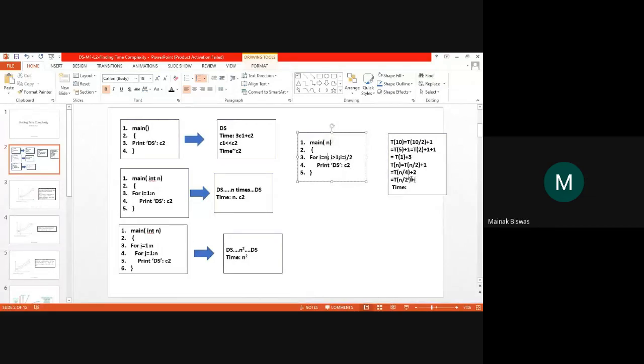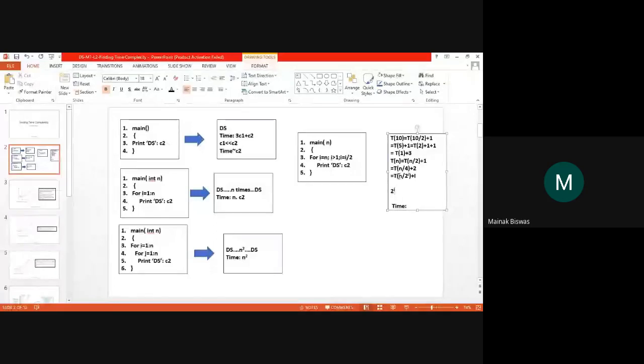So what is this I value? Let us say 2 to the power I, this value becomes 1.